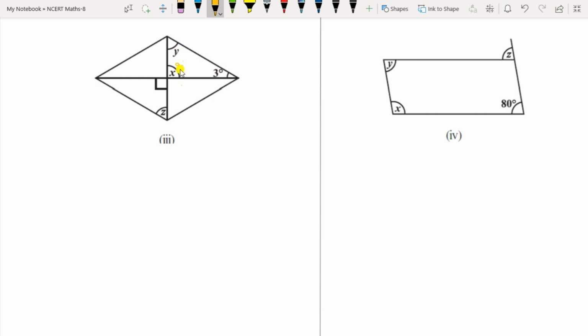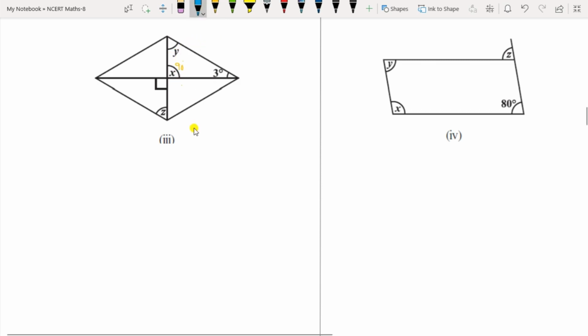So this is 90, this is 30. We want to find y here. So y is 180 minus 90 plus 30, that gives you 60. So this way you have to find y.